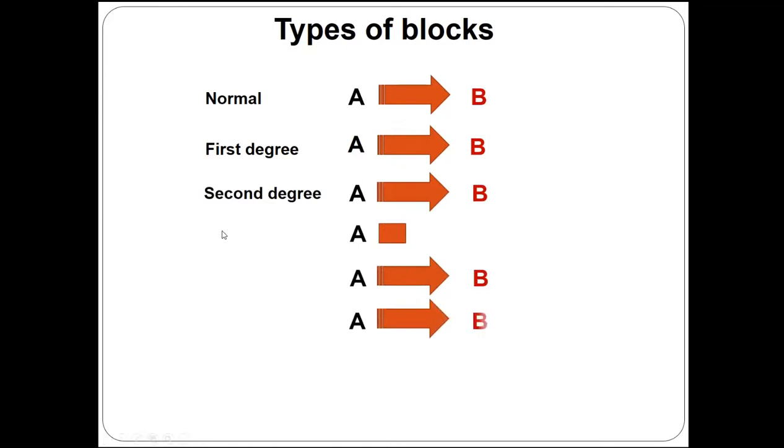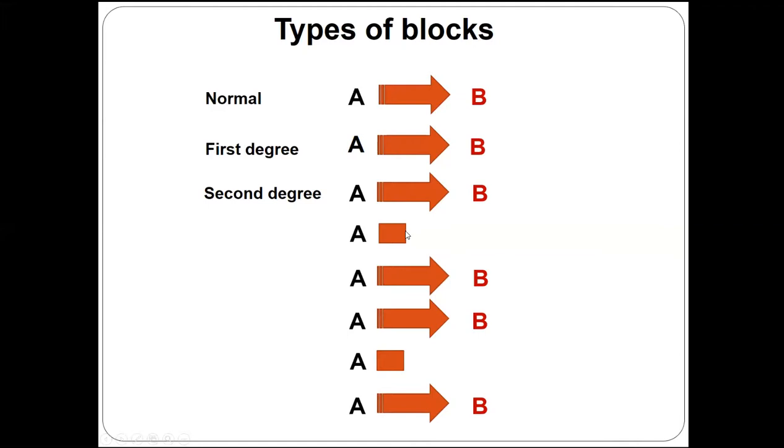Now, what do we call a second degree block? Second degree block means that we have a good connection between A and B, so mostly the charge that is raised in A gets to B. However, there are some unconducted beats. So mostly conducted, with more conduction than non-conduction.